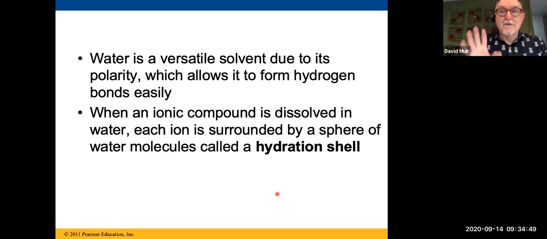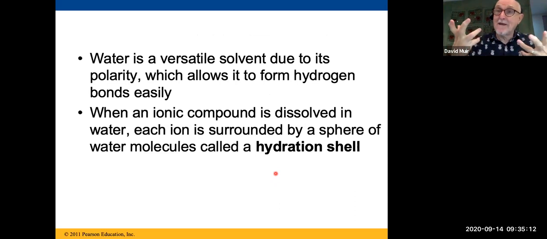The reason water is such a very good solvent is because of its polarity. And its polarity allows it to be an especially good solvent of ionic substances. Remember that ionic substances are those which have donated or accepted an electron from another atom.